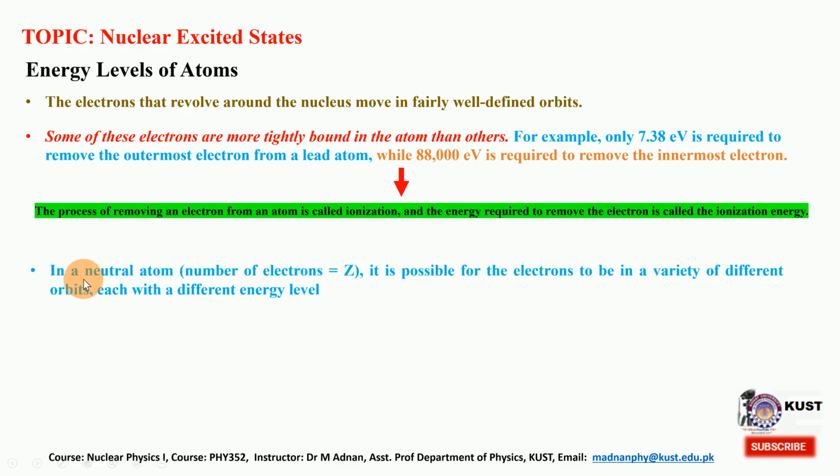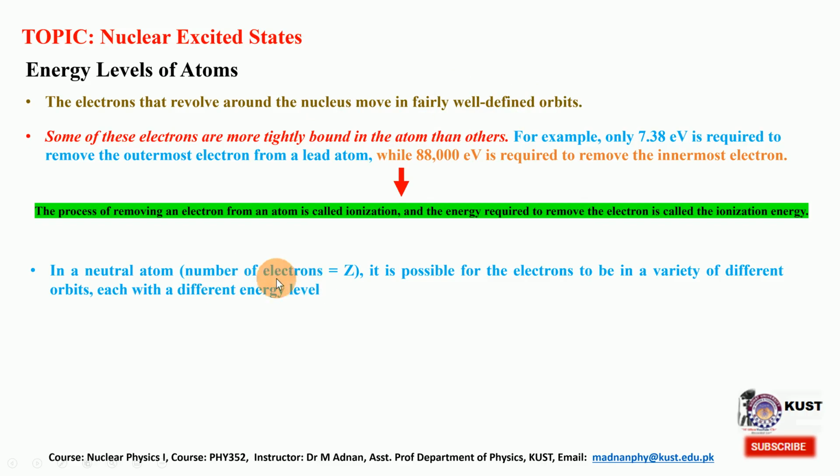Now, in a neutral atom having Z number of electrons, it is possible for the electrons to be in a variety of different orbits, each with a different energy level. As we have discussed, inside the atom, electrons are revolving around the nucleus in well-defined orbits.